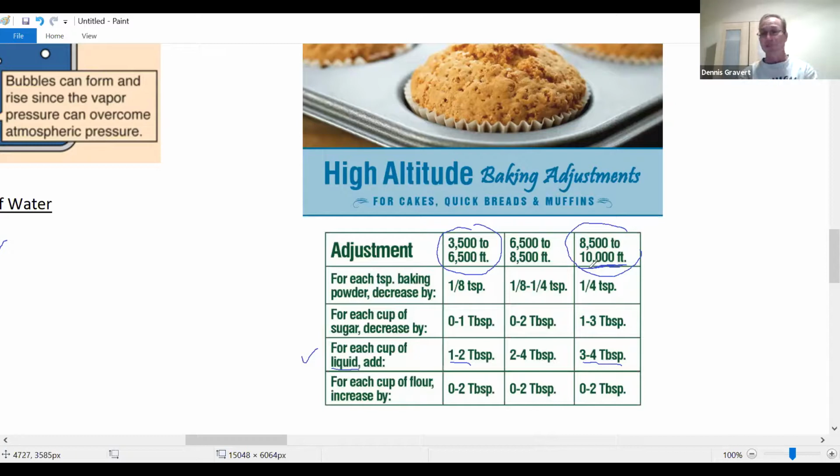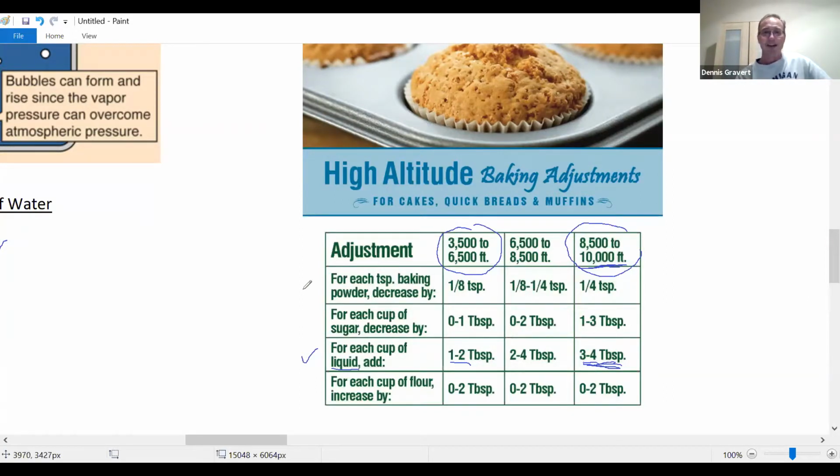So when you put the muffin dough into the oven, you heat it at 350, 325, whatever, for 20 minutes, however long it takes to cook a muffin, the water in the dough is going to evaporate under that heat. And at high elevations, there's less atmospheric pressure to keep it down as a liquid. The liquid's going to evaporate faster and dry out the muffin. So add more water so that there's more water to evaporate. So at the end of the cooking time, it should still be moist, like you would expect at sea level.